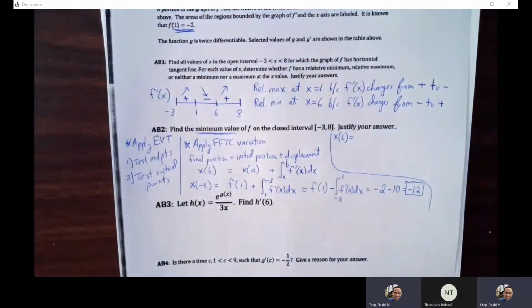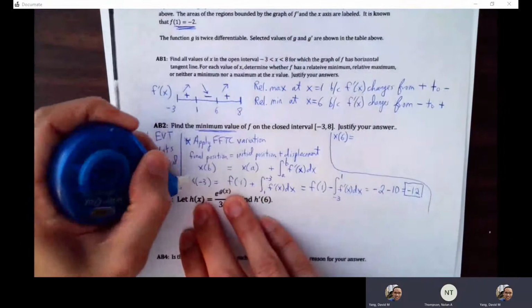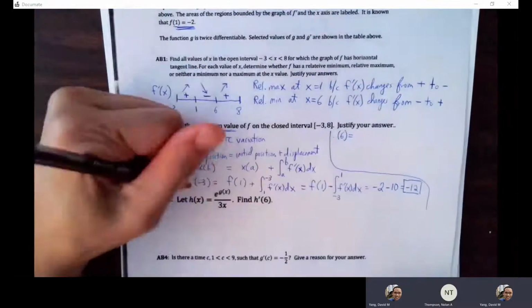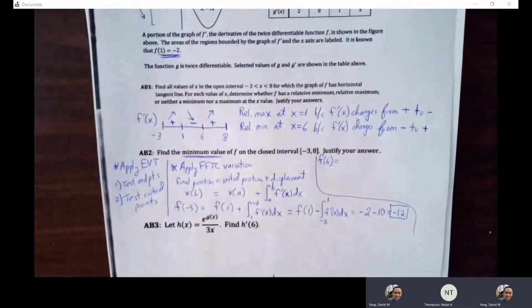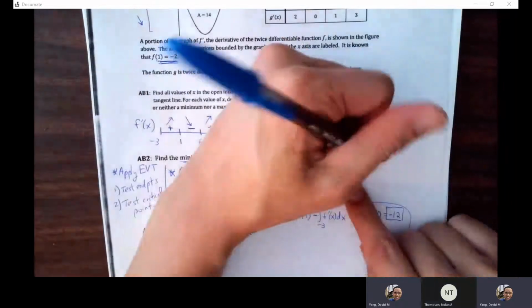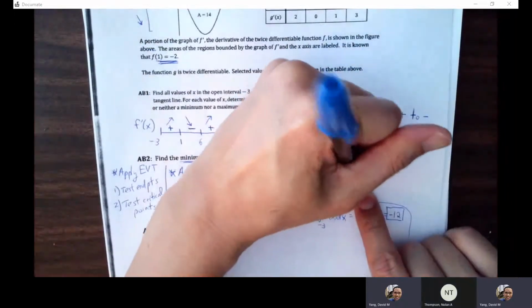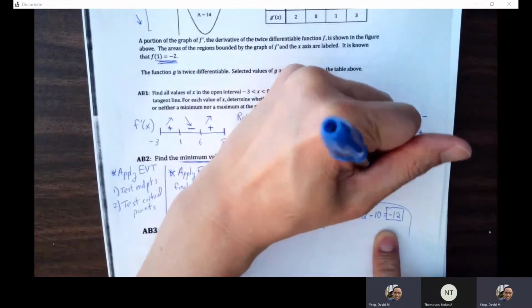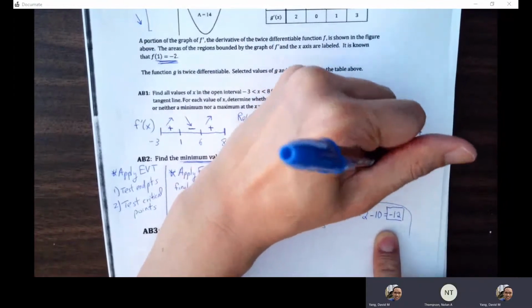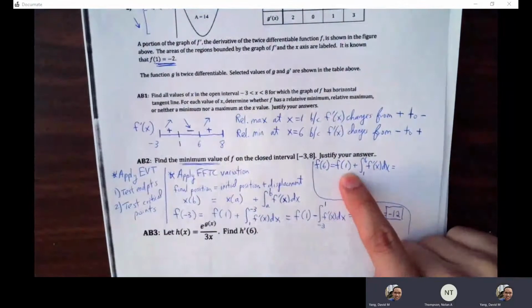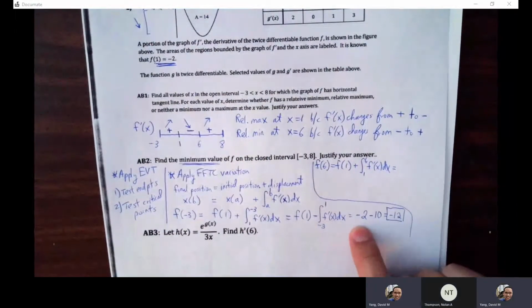Keep interchanging between f and x. Maybe I should just use f instead. Okay. All right, so f of 6 equals, always starting at 1. That's our anchor point. And then we want to figure out the progress made between 1 and 6. So again, -2.